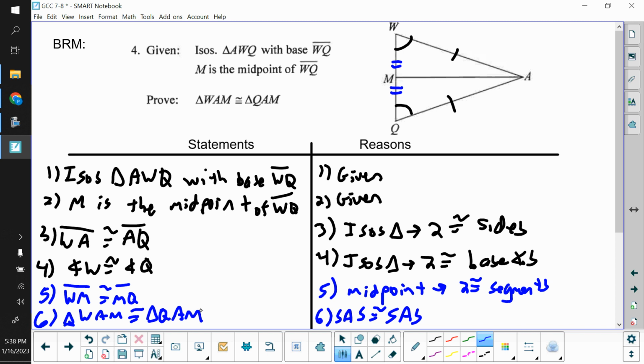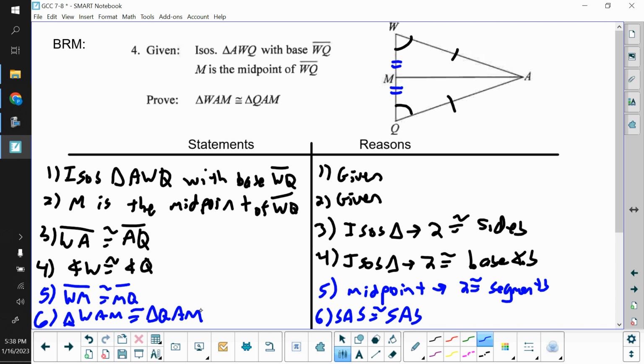Now there was one other way we could have done this proof. We could have not done our two congruent base angles and then done reflexive property and had side, side, side. However, an error some people tend to make is they'll maybe not do the congruent sides from the isosceles triangle and do reflexive, but then you have side, side, angle, and that's one that doesn't work.